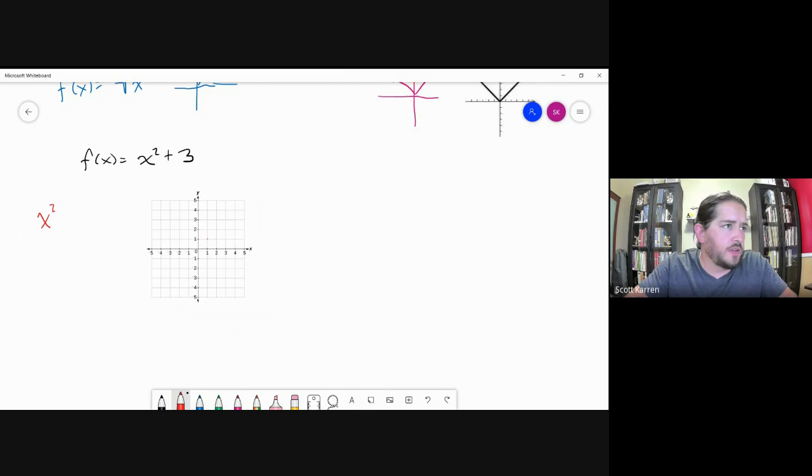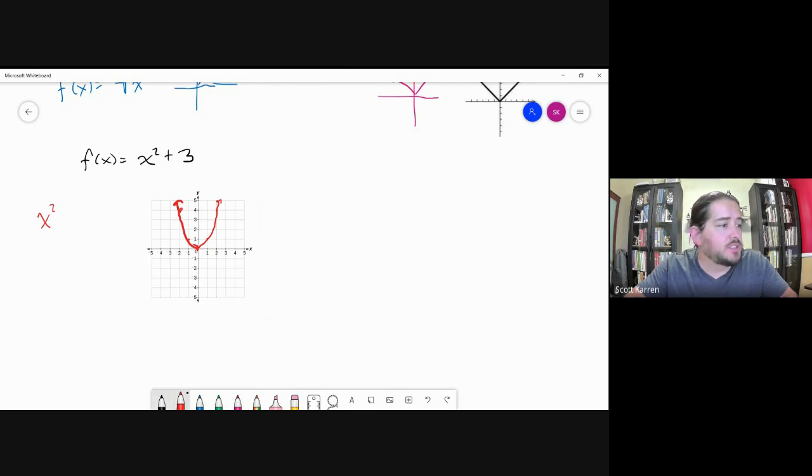And if I wanted to draw it with any level of accuracy, I'd plot a few points first and then try to hit those. But it should go something like this. Not the best curve there, but that's not too bad. X squared looks like that-ish.